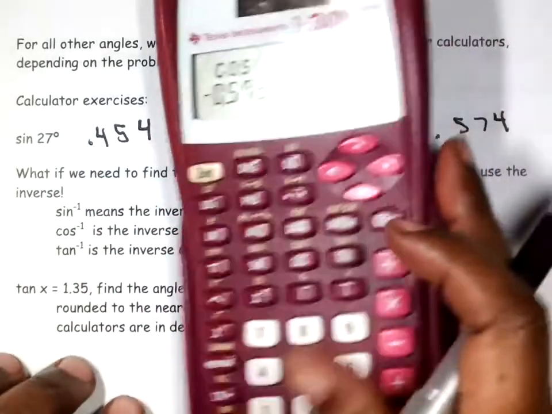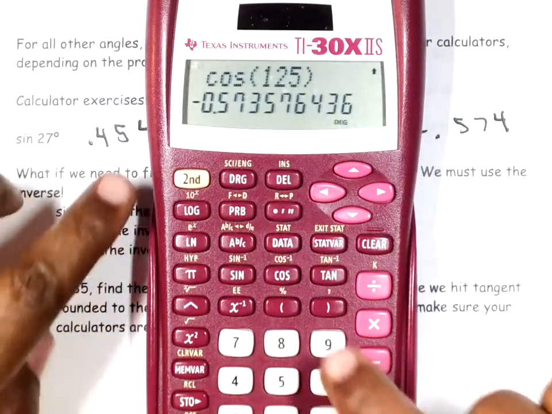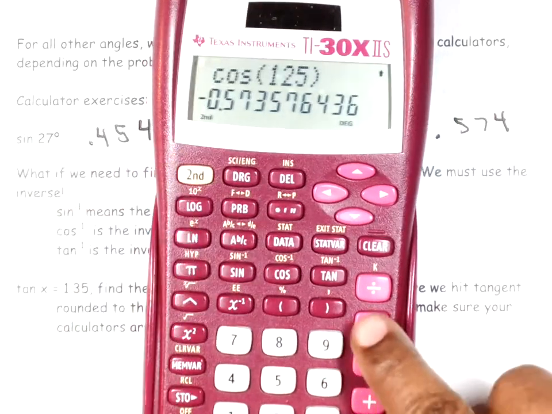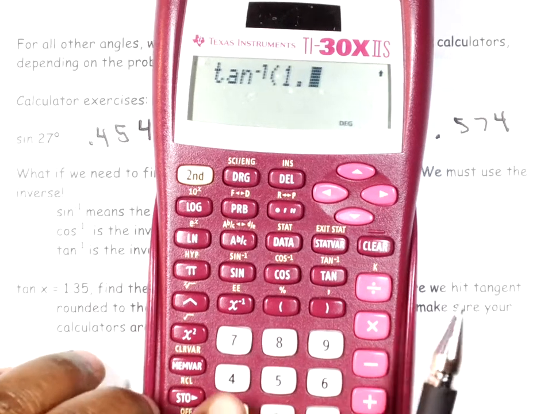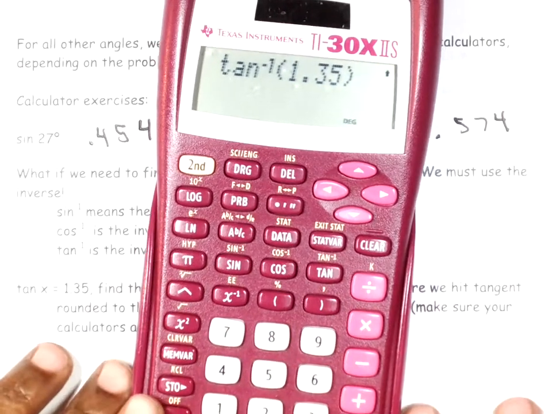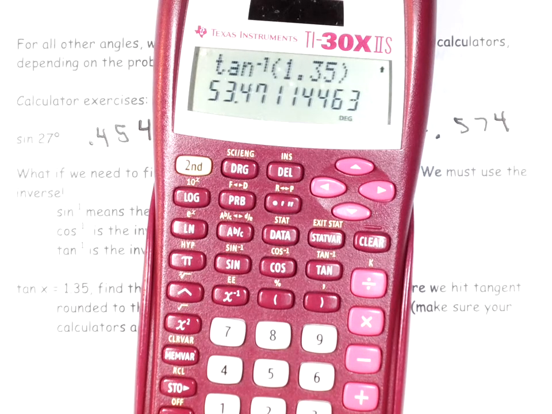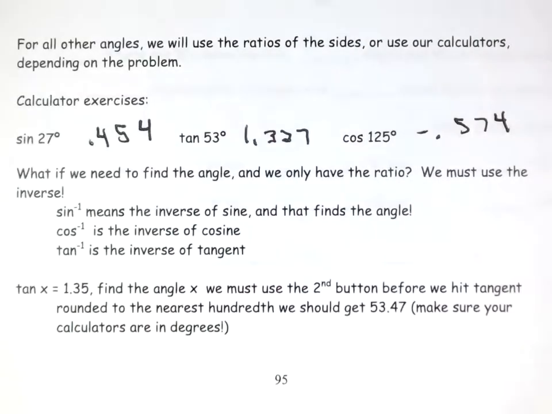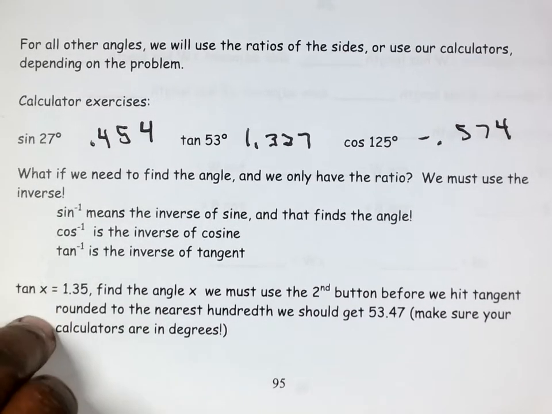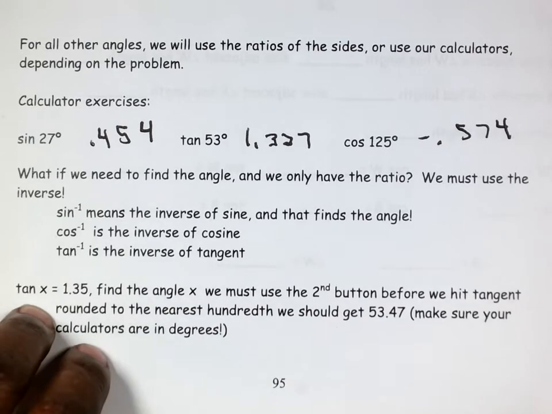So I'm going to hit second function, tangent, and you see that -1. So that means I'm trying to find the inverse. And then 1.35. And I get an angle of 53.47. So trying to find the angle, if we don't know it, you have to use the inverse. If you do know it, you just use the trig function.